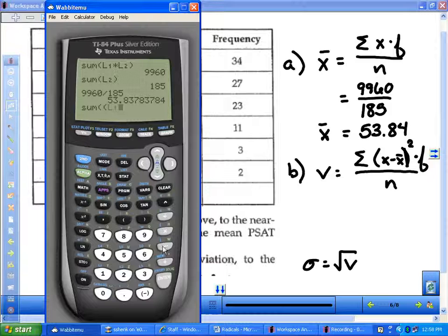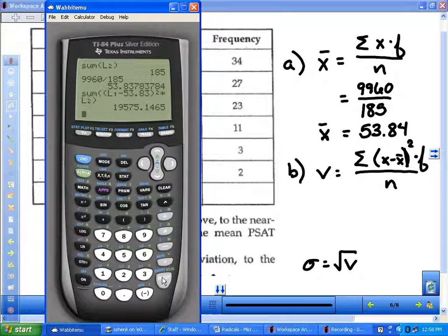X is L1 minus, what's x bar? 53.84. Close. Square, times L2. Close. Okay, so what does the top add up to?